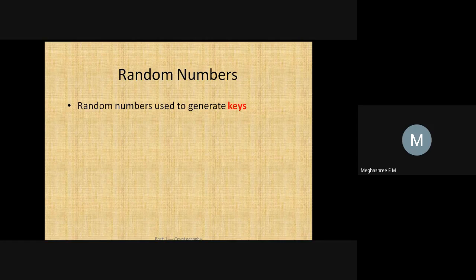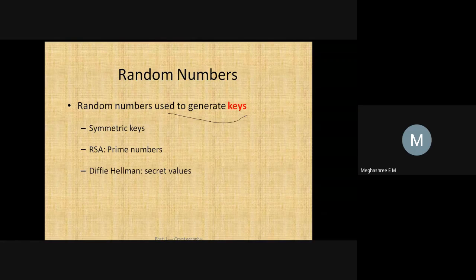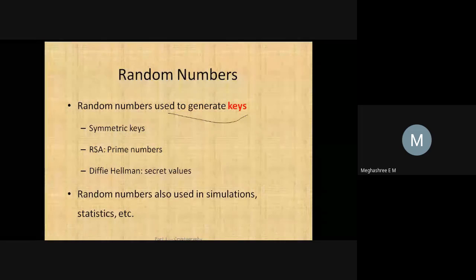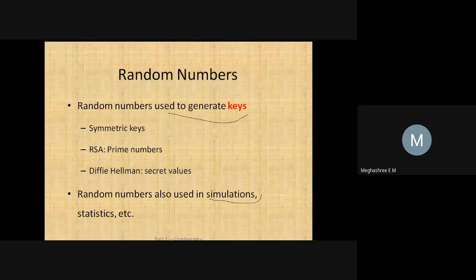Now, as I said, random numbers are used to generate keys, right? So whatever keys we use in symmetric cryptography, as well as in RSA, as well as in Diffie-Hellman, where we are using secret values, those keys are all random numbers. Apart from this, we use random numbers in simulation as well. It may be any simulation, maybe in MATLAB or network simulation.